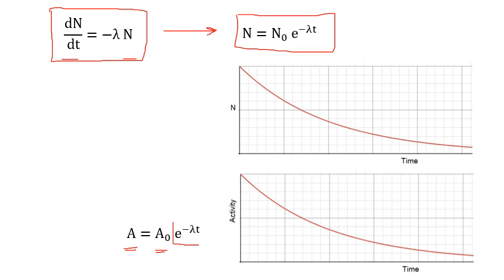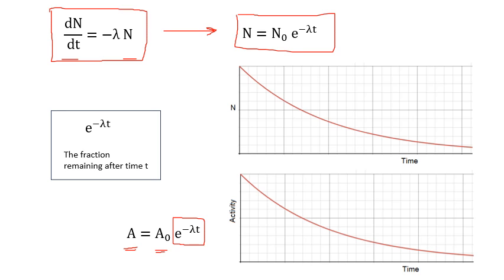This e to the minus lambda t, what I find very, very useful, if you think about that, it's the fraction that's remaining after a certain time. So at the beginning, e to the minus lambda t equals 1, and then as time goes by, it gets less and less, and then eventually it will get to 0.